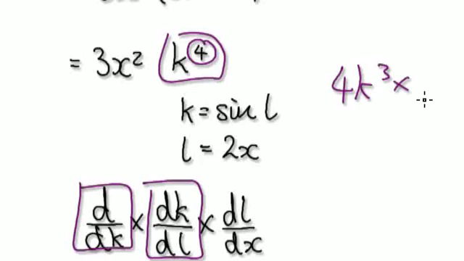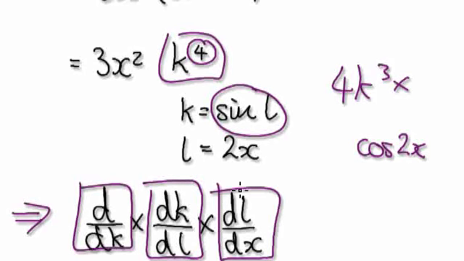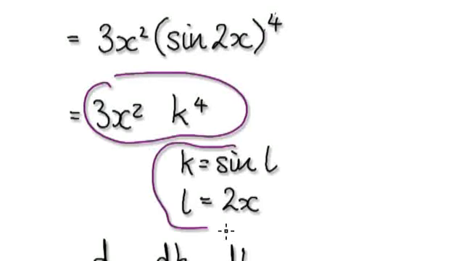So you've got to times it with this, which is in effect the chain rule. Differentiating that gives you cos of 2x, and then you differentiate 2x, which is just 2. In your mind visualize k equals this and L equals this.